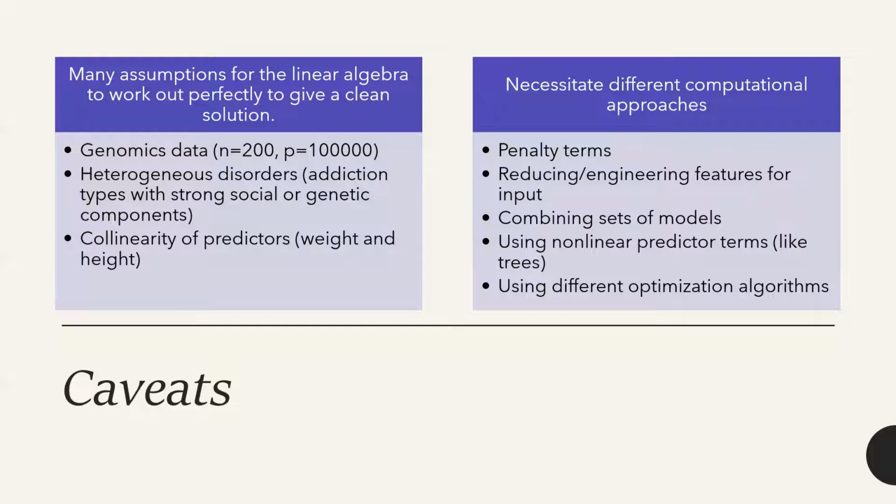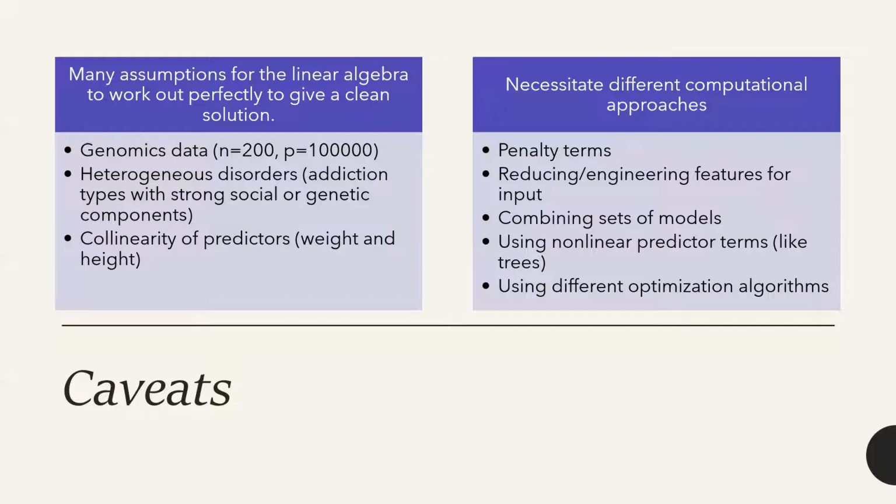However, machine learning has come up with a lot of great solutions to this problem that help us be able to estimate these beta coefficients and figure out the effect sizes and get a good model. So one of the approaches is to add penalty terms that make certain predictors fall out of the model entirely. This reduces the dimensionality and makes it easier to work with. We might also want to engineer features for input.